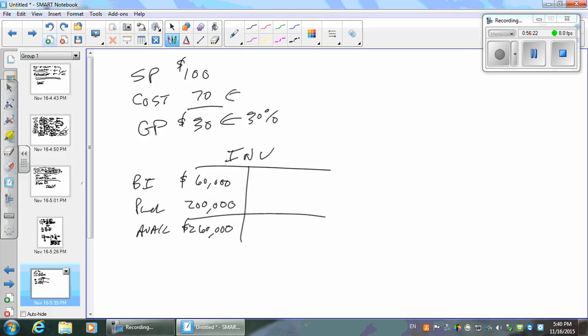What do I want to know? What's the ending inventory? And therefore, what's over here? Cost of goods sold. That's it, isn't it? That 260 has to be split somehow.